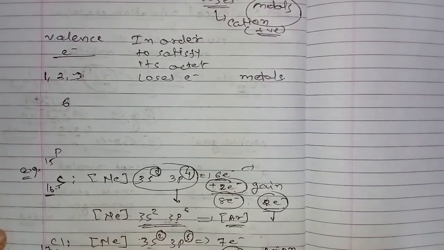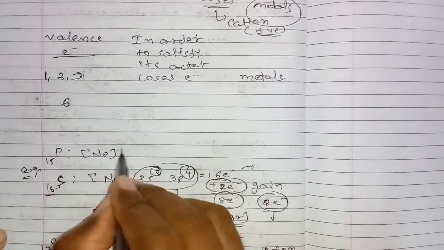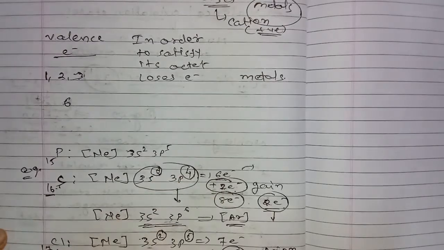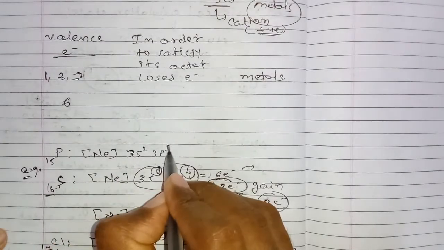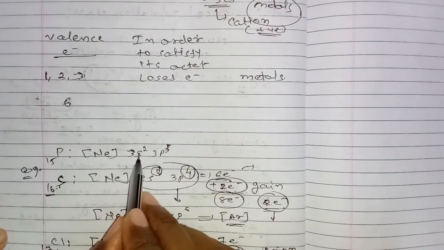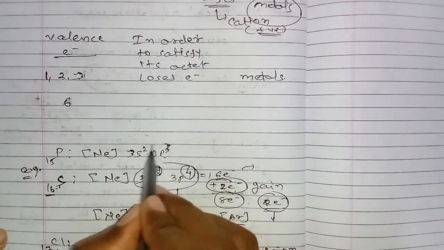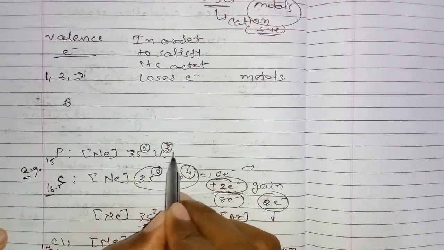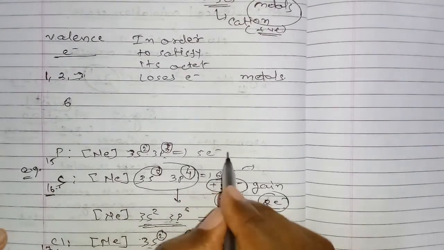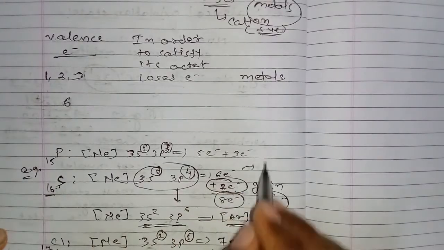Suppose phosphorus, 15. Its electronic configuration will be neon 3s2 3p3. 10 plus 2 is 12, plus 3, total 15. So in the outermost shell there are 5 electrons. To complete its octet, it gains 3 electrons.